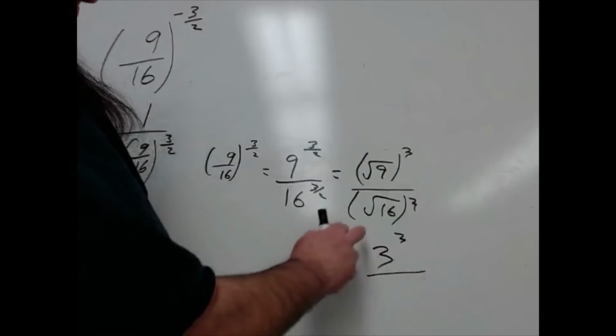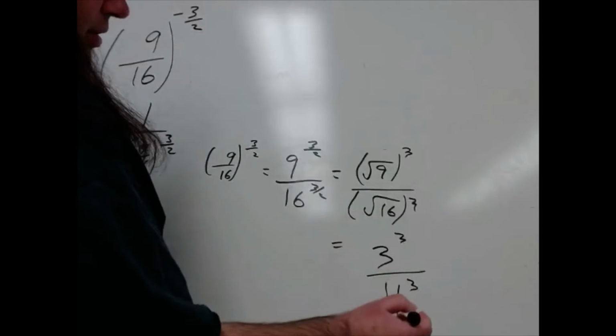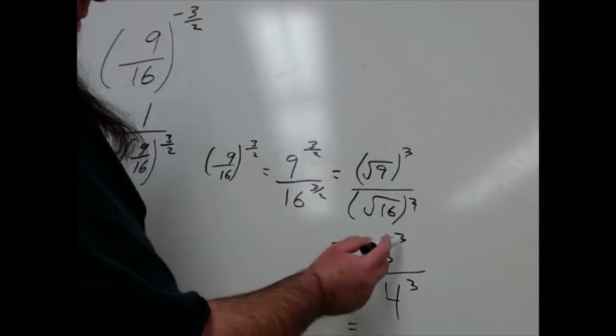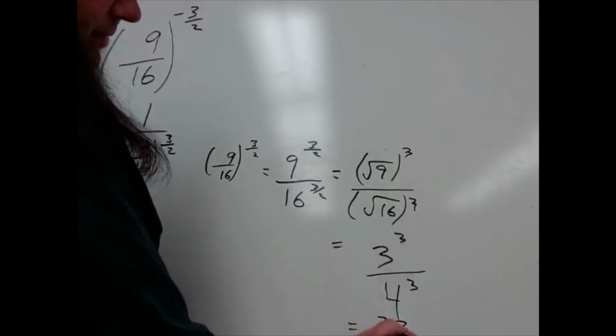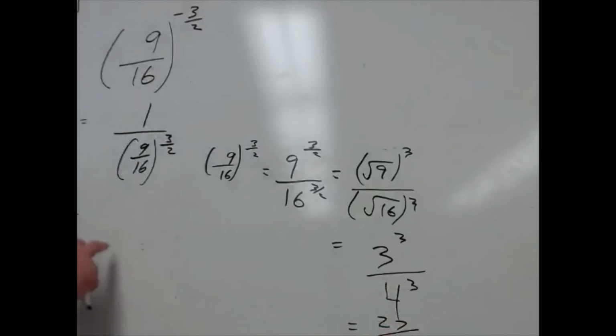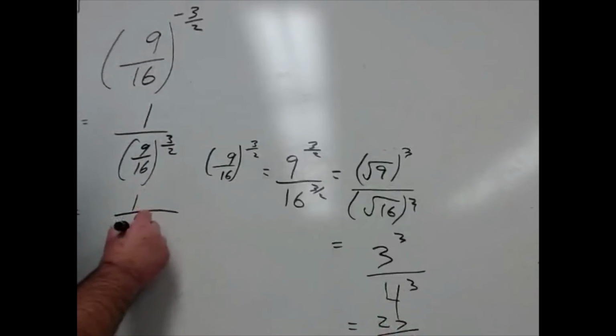Square root of 16 is 4, and then I'm going to cube that. So my answer becomes 3 cubed, which is 27, over 4 cubed, which is 64. So my answer becomes 1 over 27 over 64.